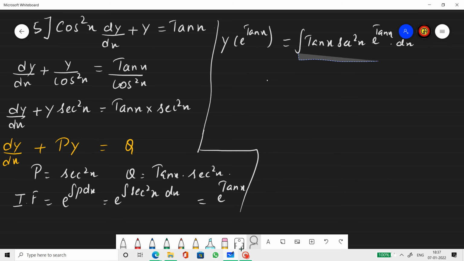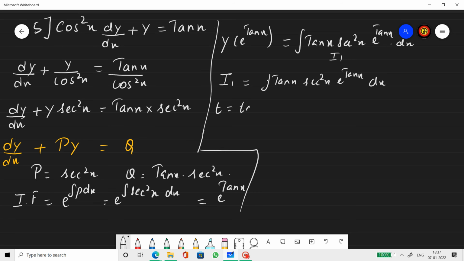I prefer to use substitution first and then parts. So first I'm going to use the substitution method, wherein let me separate it as I1 so it is a little easier to handle. So let I1 equal tan x sec square x into e power tan x dx.